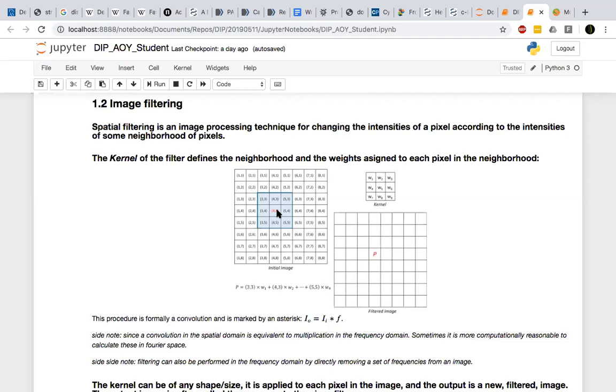This procedure is formally convolution. So if you have any kind of math background, this procedure of going to every position, doing some operation to all the environment of that position, and then putting it back to that position, formally this is called a convolution, which I also call here filtering in the spatial domain. But this also makes the connection, if anyone has heard of Fourier filtering, these things are related, right?